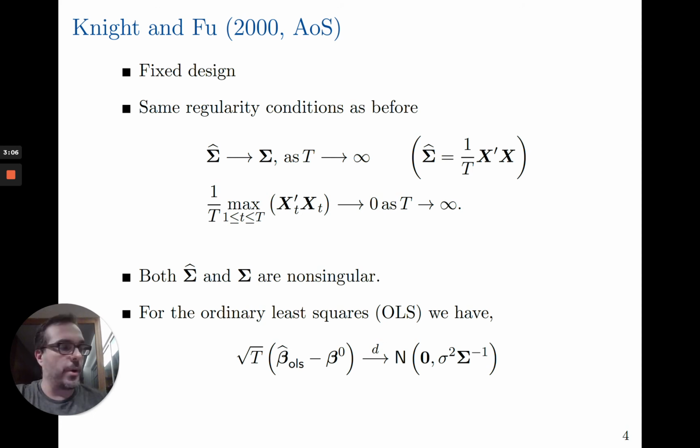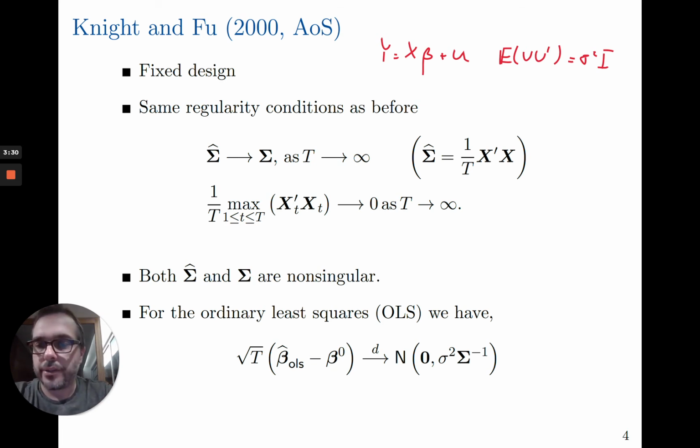And what's sigma square? Let's remember that we are in a linear regression framework, okay? And we say that the expectation of u u prime is sigma square I. Okay? So it's the variance of the errors in the linear regression.